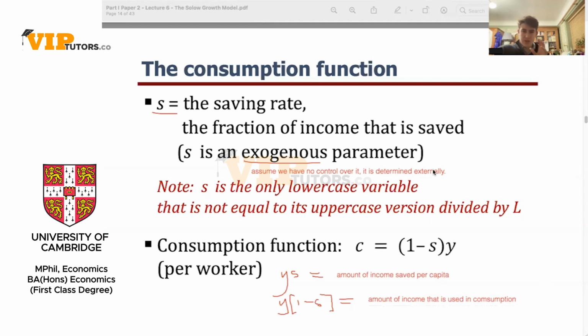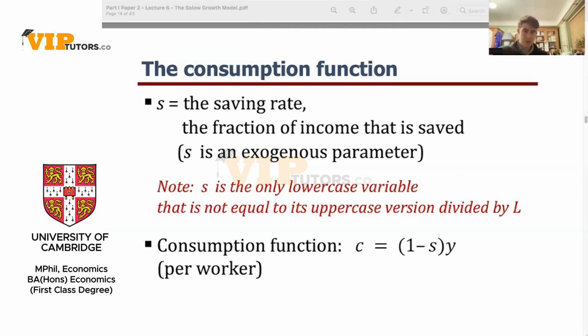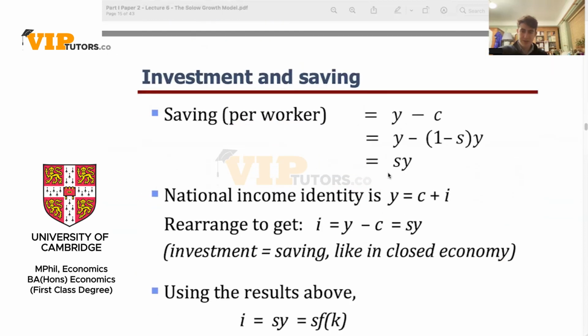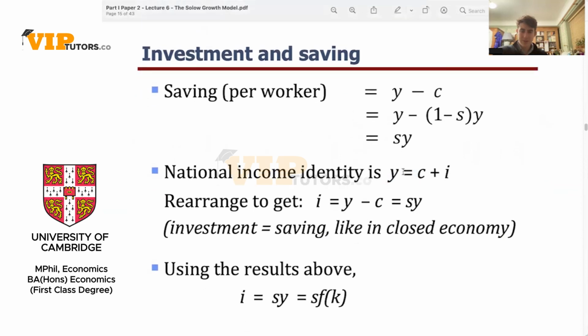Okay, so this can be used to close the economy at this point. So let's hop over to our next page. So again, this is saying the same thing, right? Our savings per worker is sy, and we know that our consumption is going to be (1 minus s)y.